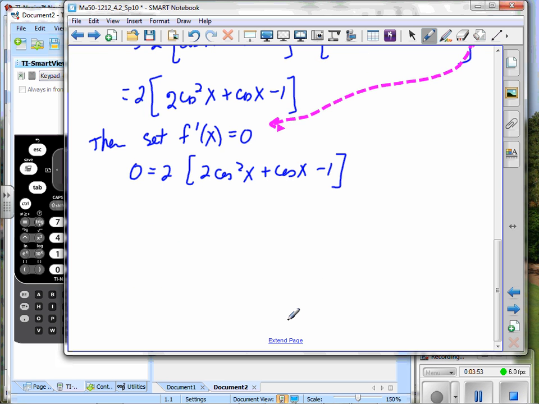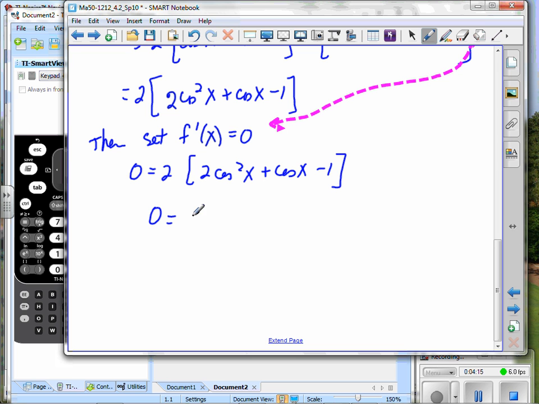And we're kind of stuck unless we think of one of our algebras. First of all, because the product is equal to 0, it means that either 2 has a 0 value, which is not true, or 2 cosine squared x plus cosine x minus 1 has a value of 0, which is what we're going to have to take.